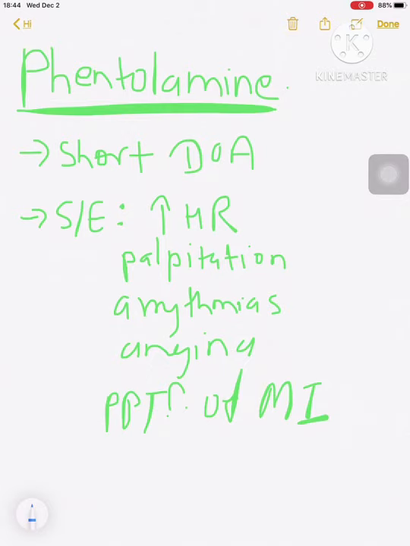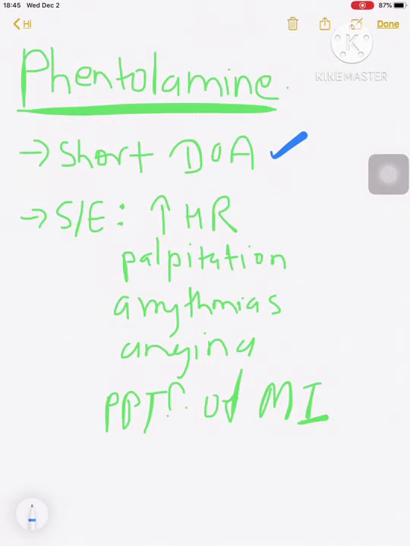It also blocks serotonin receptors, calcium channels, and can cause histamine release from mast cells. It has a shorter duration of action. Remember that phenoxybenzamine was an irreversible blocker, so it caused a longer duration of action, whereas phentolamine causes reversible blockade, thus it has a shorter duration of action.